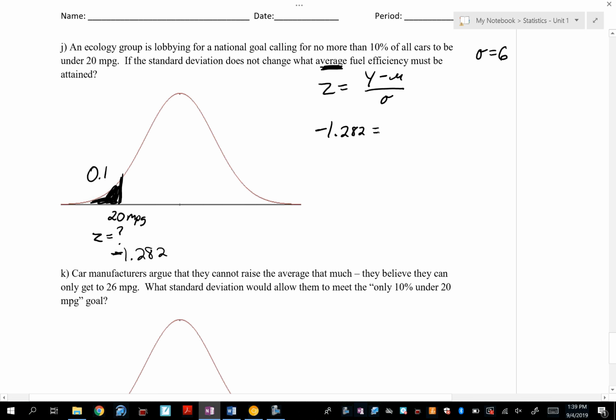Anyway, if they change that, we've got to change something about the cars. So they're saying, make all of the cars more fuel efficient, which means that the average is going to change. So we have 20 minus mu over 6.